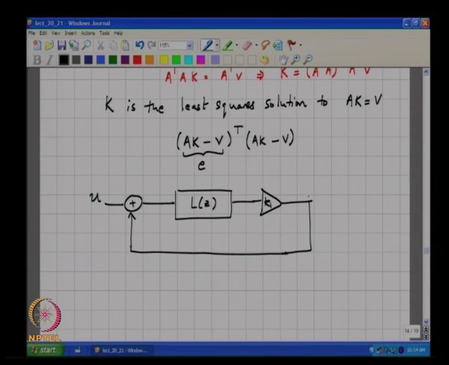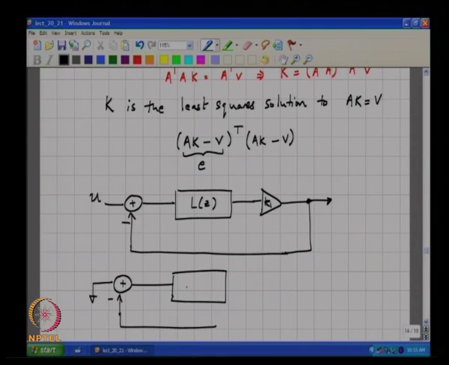one which only deals with the DC path, okay, and one which only deals with this part, right.